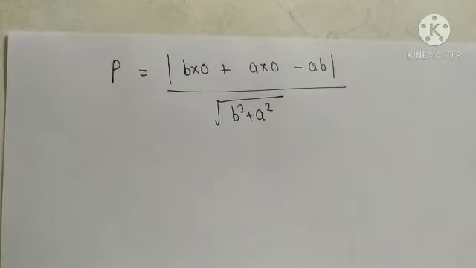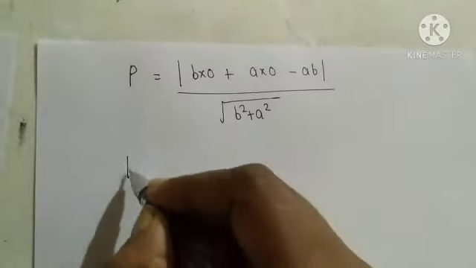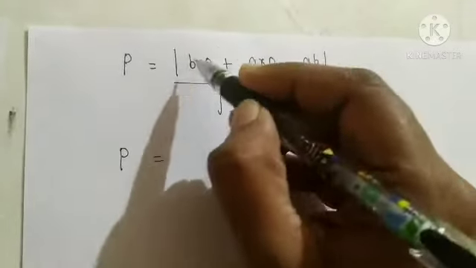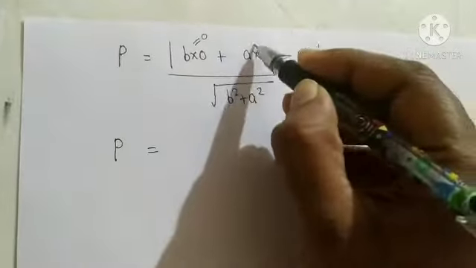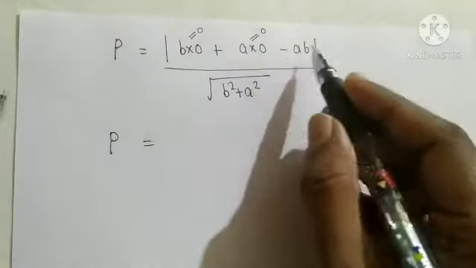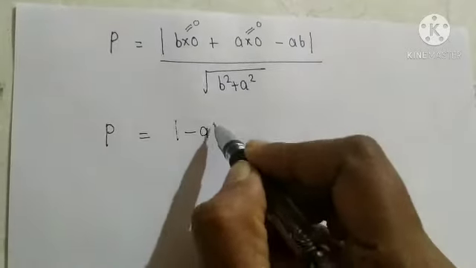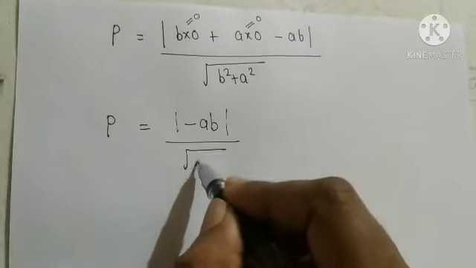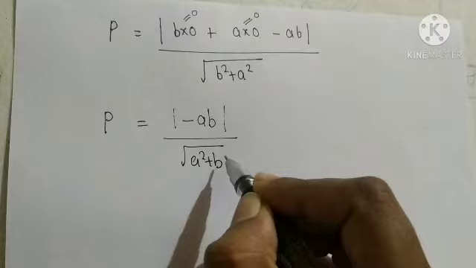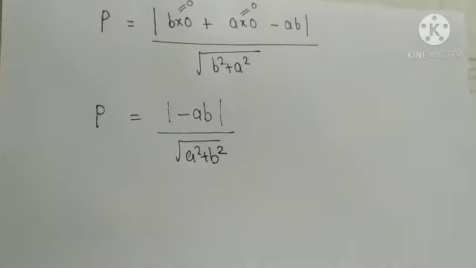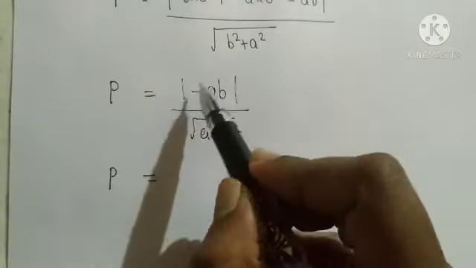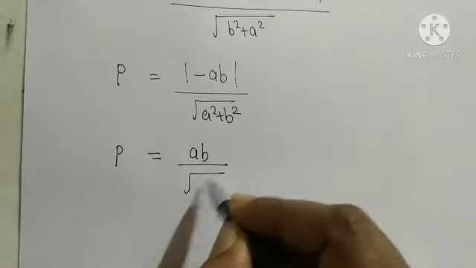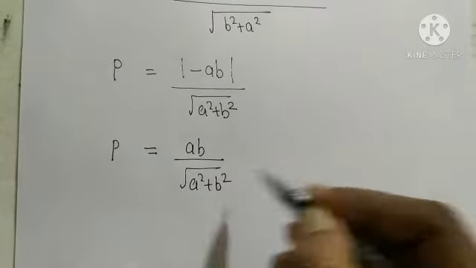From this we get P equal to: this term will become 0 and this term will become 0. Only minus ab is here. Mod minus ab divided by root of a square plus b square. So taking this term outside this mod, it will become positive ab by root of a square plus b square.